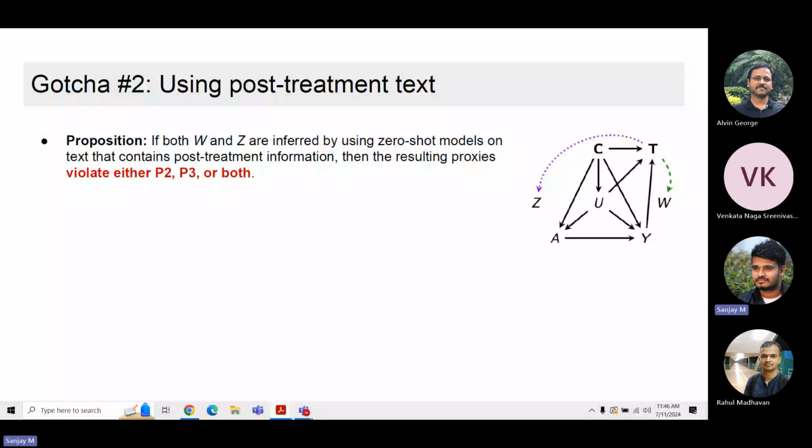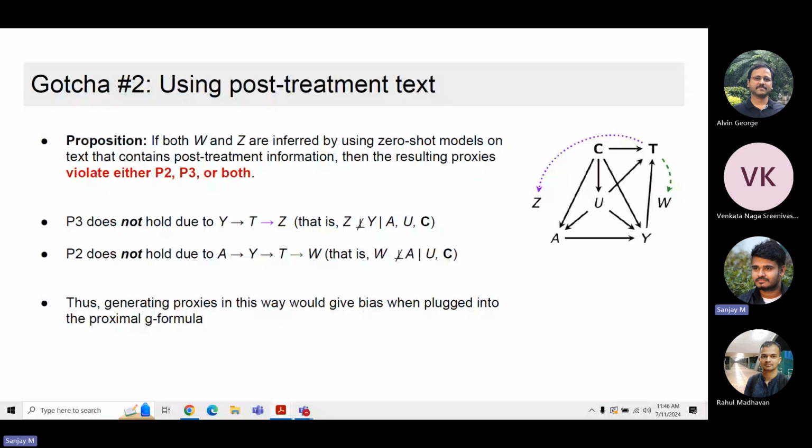Similarly, you can show that in this case P2 doesn't hold either, because you wanted W to be independent of A given U and C, but you have the path A to Y to T to W. So if you generate proxies in this way, it leads to bias in the proximal G formula.